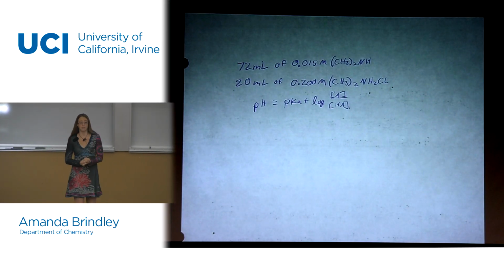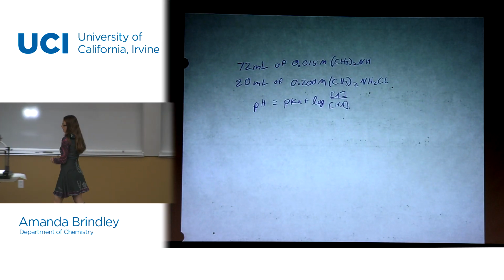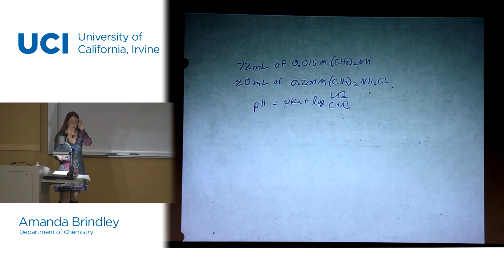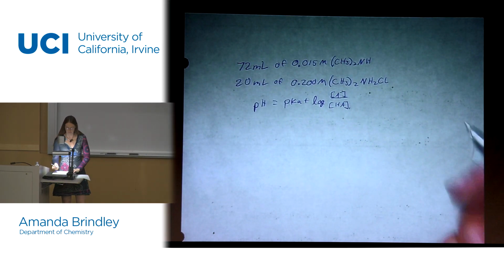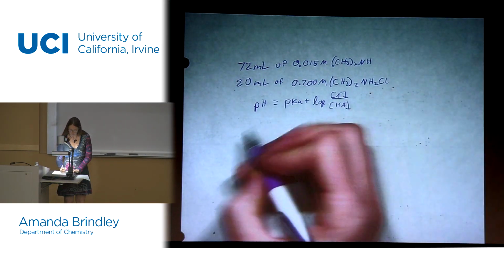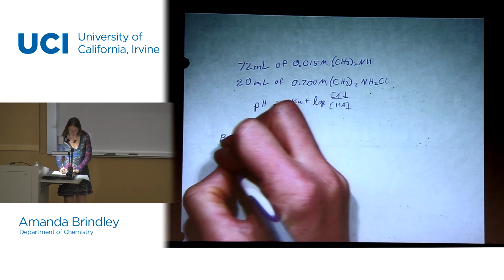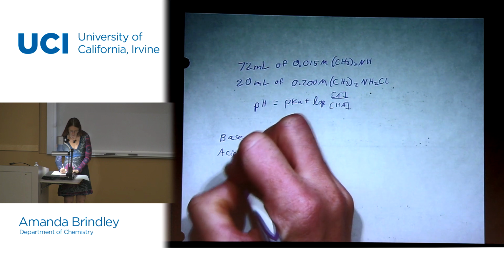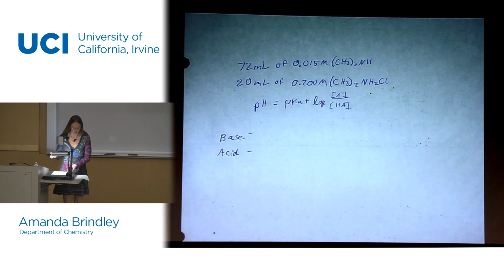What do I need to do that? I think the easiest way when you're given this much information is to solve for moles. So that's probably what I would do. We need to do it for both. So I'll start by doing it for the base.